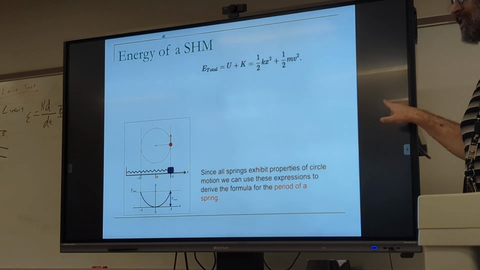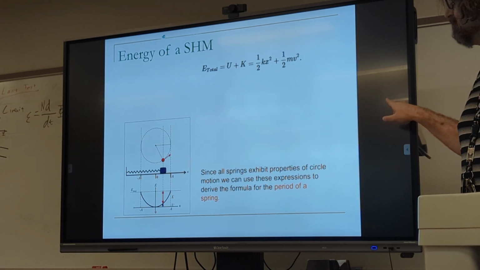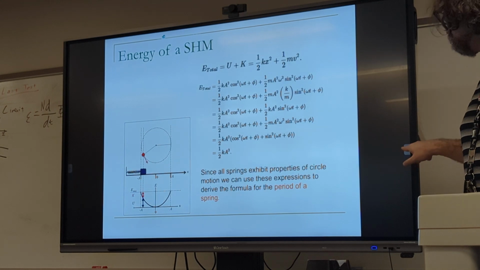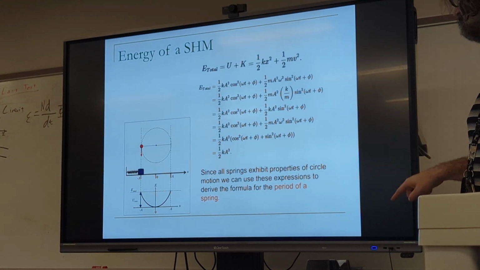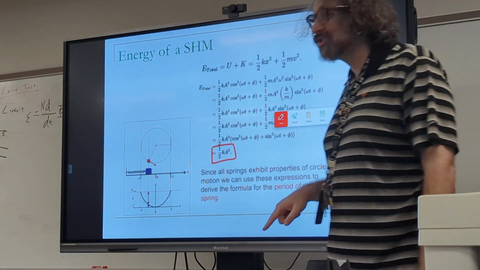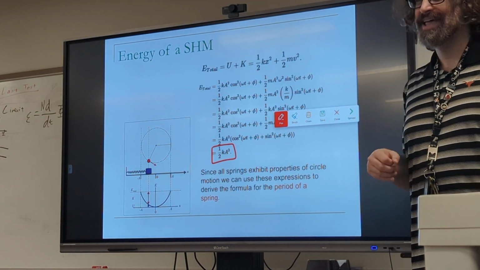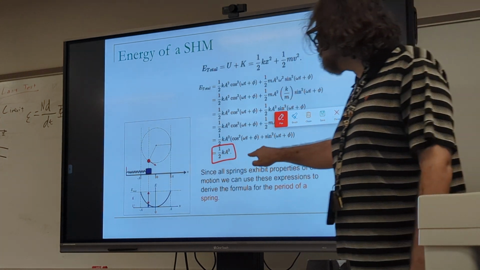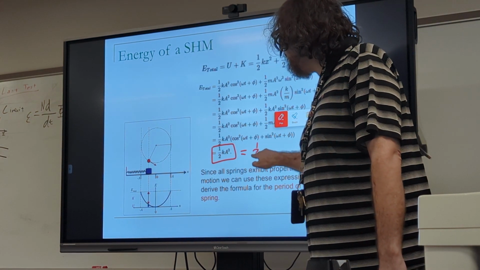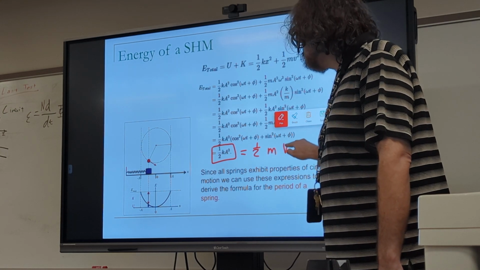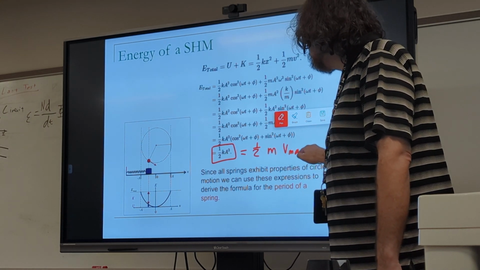Hopefully you remember, in the very end, if we plug in the function for both of these and simplify it down, it reduces down to 1/2 A squared, where A is the amplitude squared. It also equals 1/2 the mass times your maximum velocity squared.